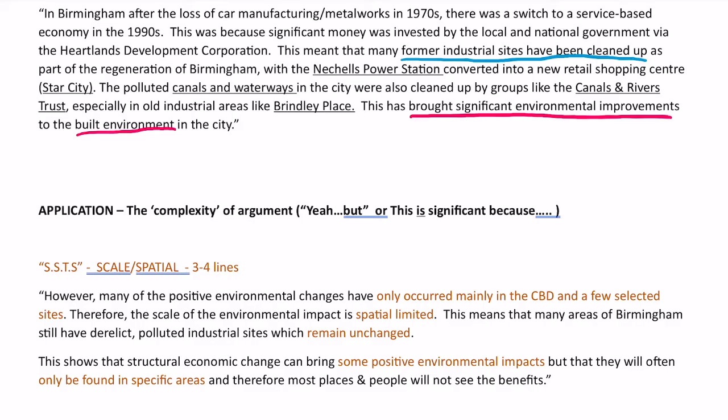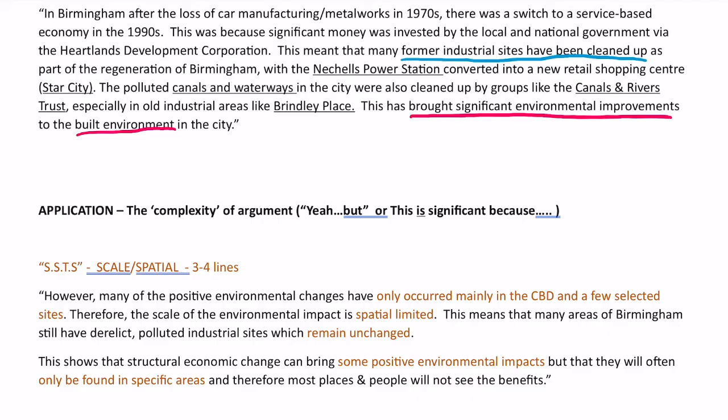So here, out of my SSTS, so this is the PESTLE thing I'm using now, I want to talk about scale, spatial. As a geographer, I want to say that maybe these environmental changes happen, but not everywhere. So I'm talking about differences between places. What I've done in my argument, and I've highlighted the bits in red, I've said, yes, there have been positive changes, but it mainly has occurred in the CBD and a few other sites. That means the scale is very limited.